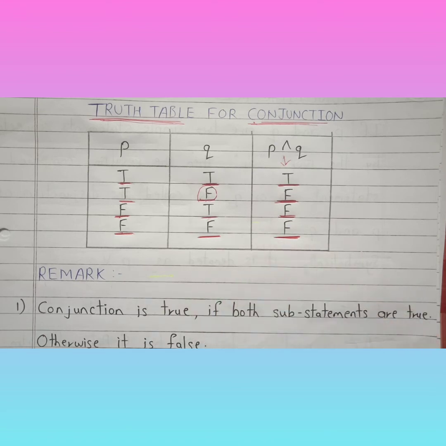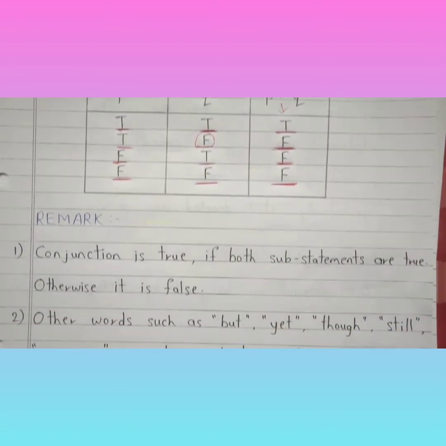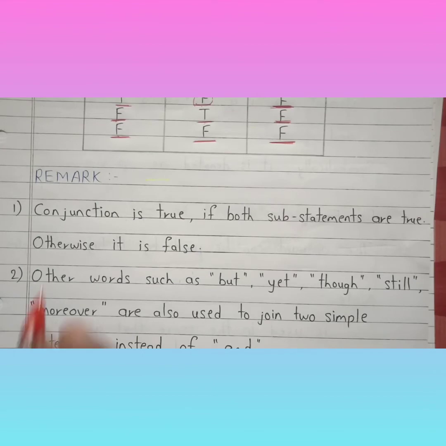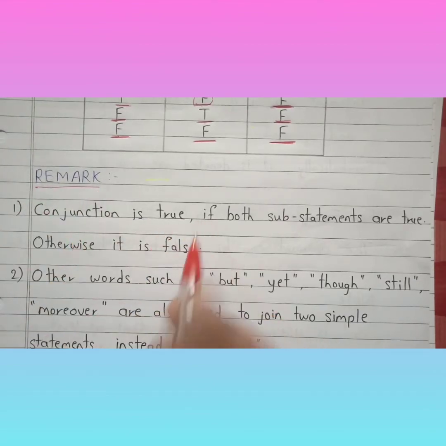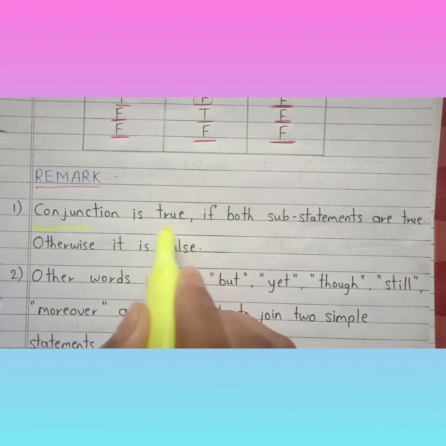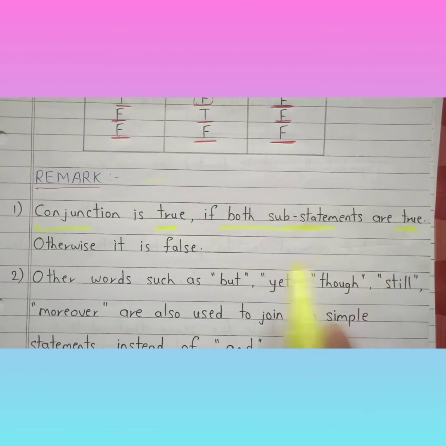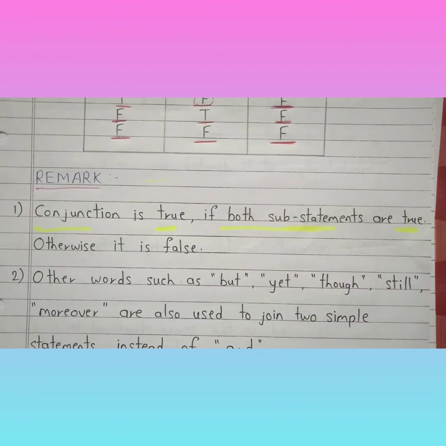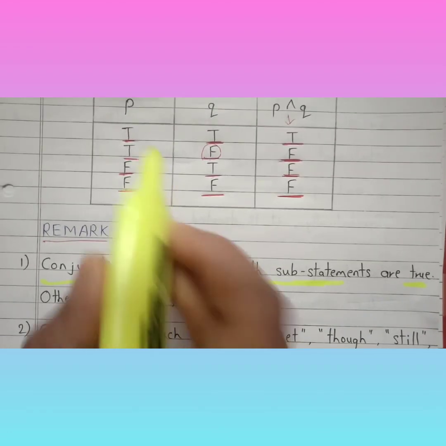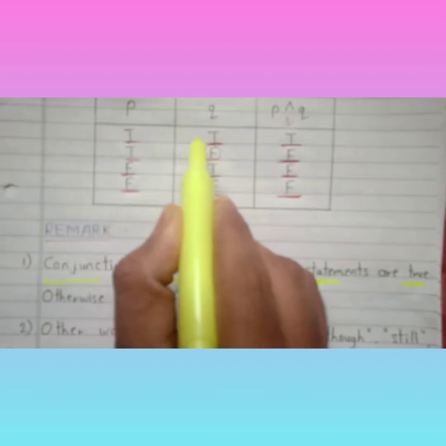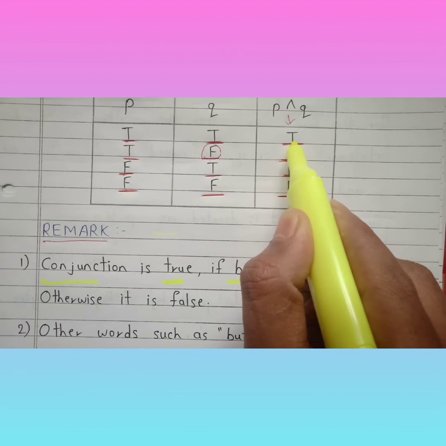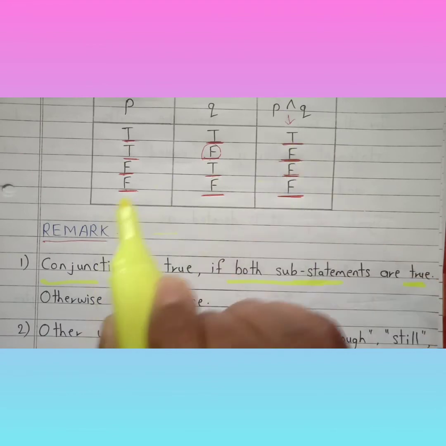So what does this mean? I have written some remarks here for you. The conjunction is true if both substatements are true. Both substatements should be true. Here P and Q both are true, and that's why the conjunction of P and Q is true.